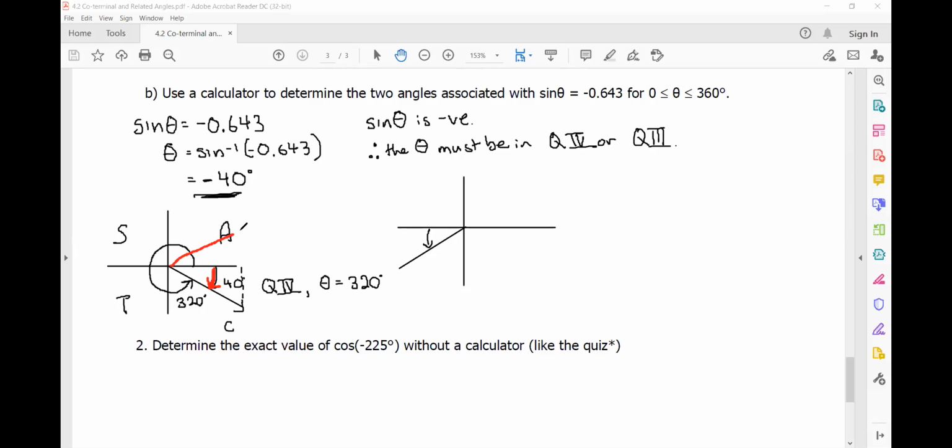Like I would have drawn another triangle right here, another triangle right here. That negative 40 degrees happens to overlap with where my reference angle would have been. So this reference angle is going to be 40 degrees. In other words, this part is going to be 40 degrees, and my reference angle is 40 degrees.